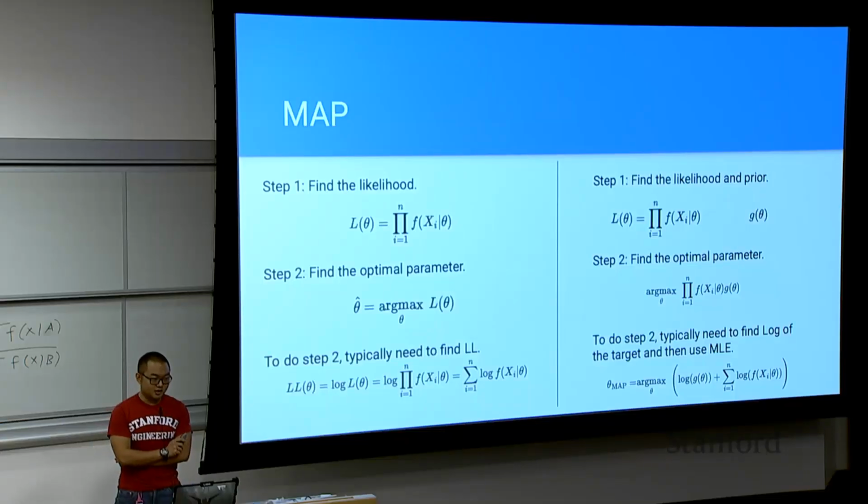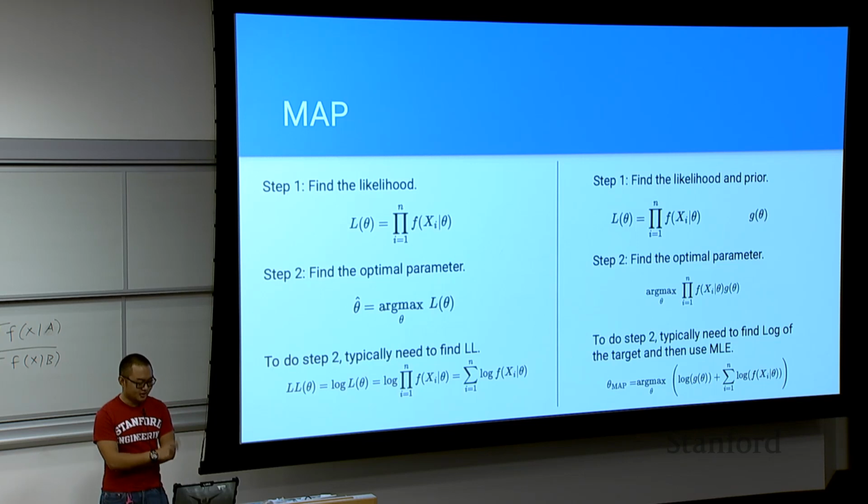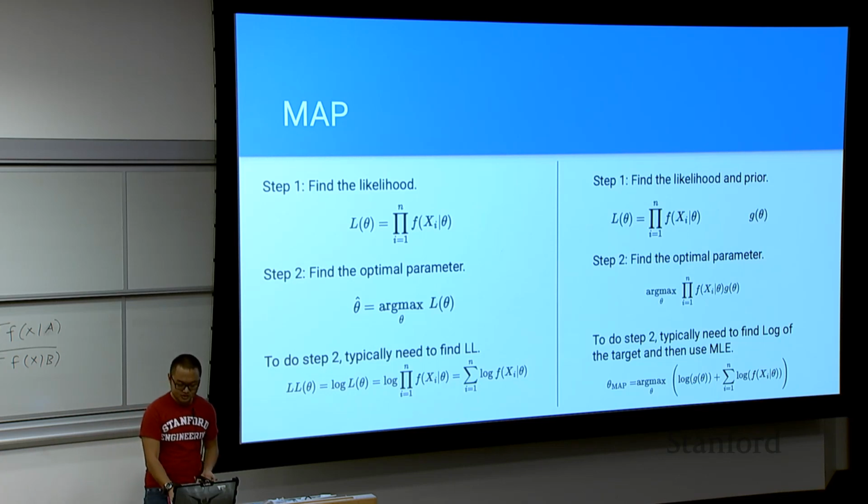So here's MAP. What's the difference between MAP and MLE? What I wrote here was I put the 2 steps of the MLE on the left, and the 2 steps of the MAP on the right. So MLE is on the left, MAP is on the right. Oh, I should have labeled these a little bit better. I'll update these slides to actually say that there should be an MLE here. On the left side, you just have the PDF.